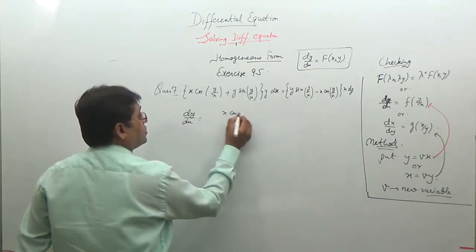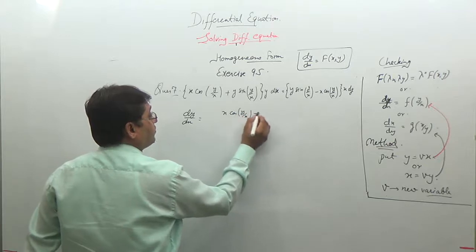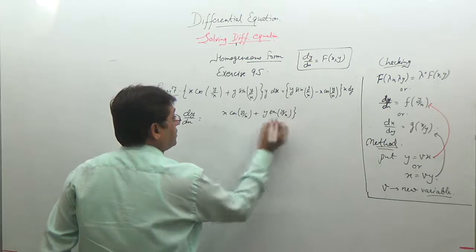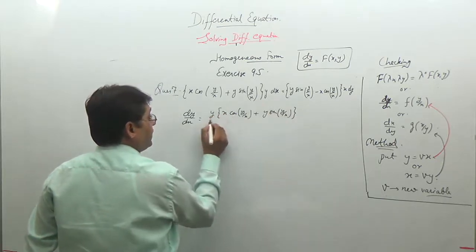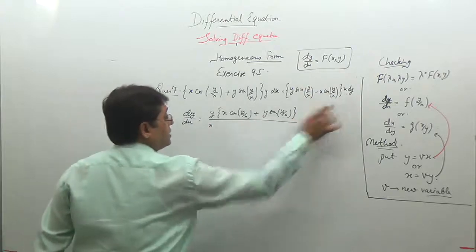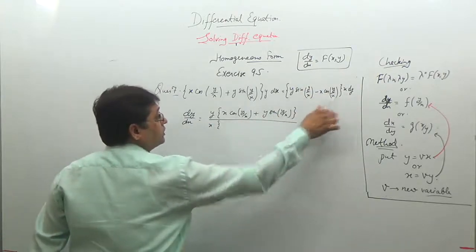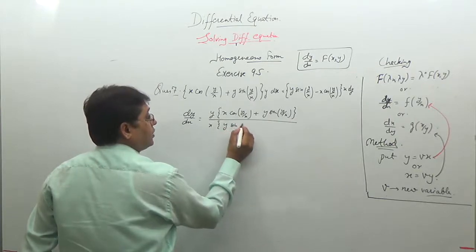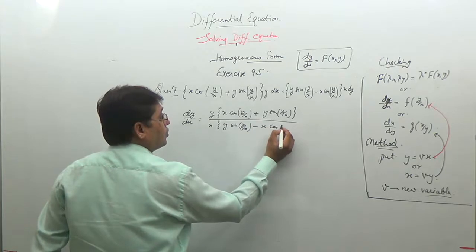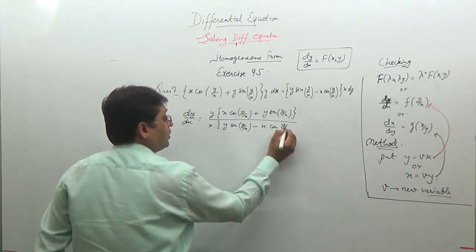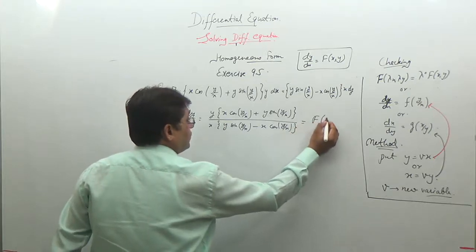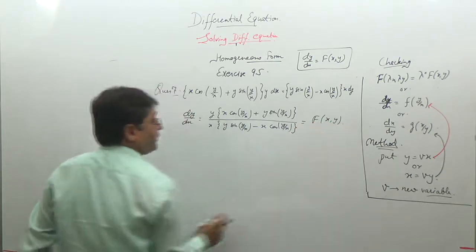You will get x cos y upon x plus y sine of y upon x whole multiplied by y divided by this factor, that is x into this factor y sine of y upon x minus x cos of y upon x. Let this be function of x comma y.